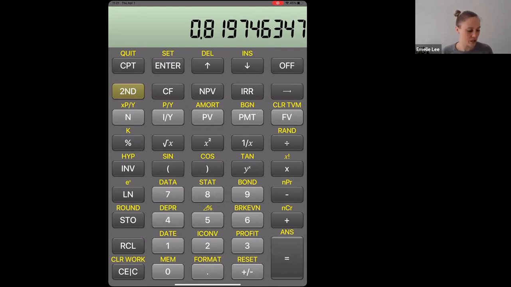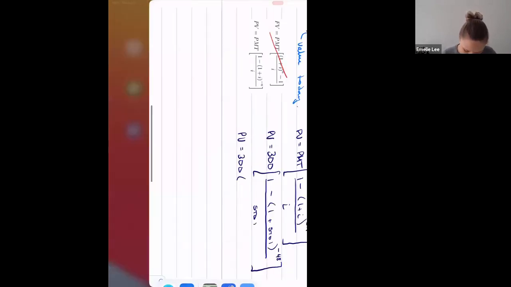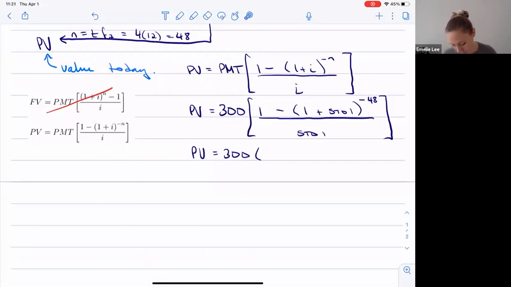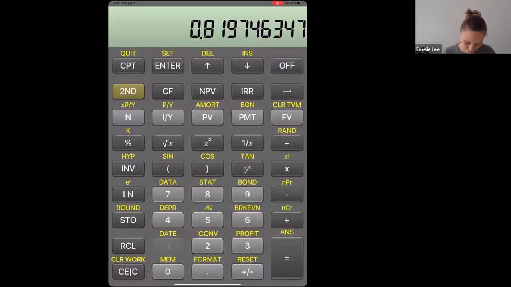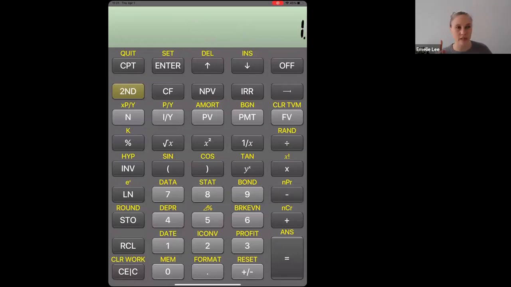Now I'm pretty sure I do 1 minus, let me just check. Yeah, 1 minus that, okay. 1 minus, and you could store it, or I like to use that second answer option, so second, and then over the equal sign is the answer. It just brings in the most recent answer. Equals, make sure you hit equals, otherwise it just shows the most recent answer.